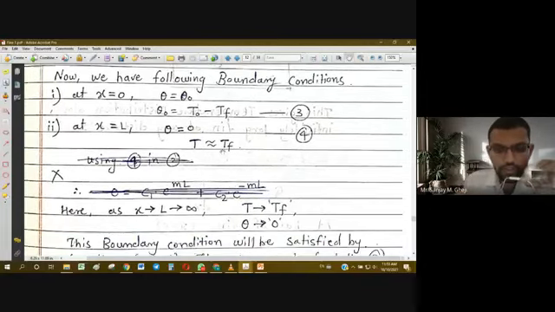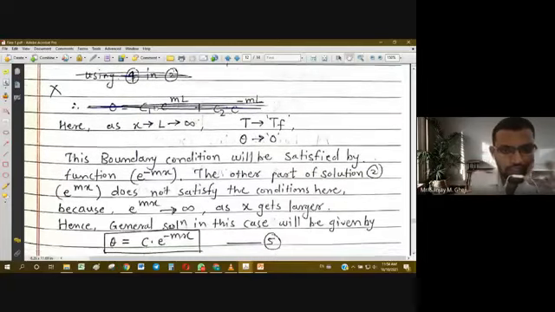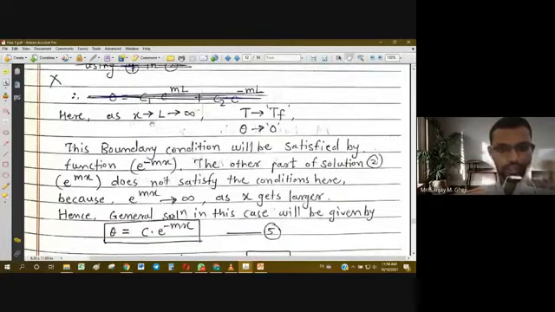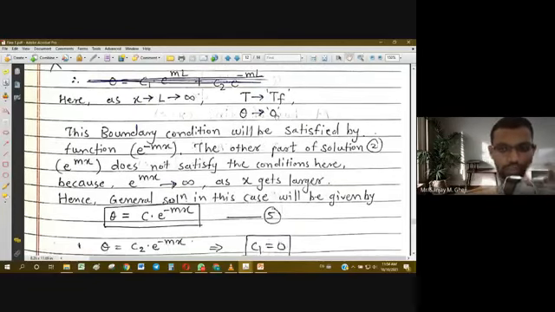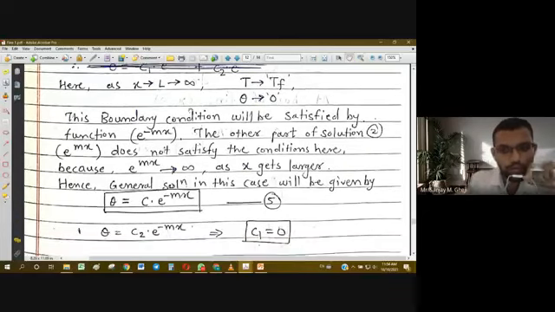This can be given in limit form as x tending to L, which is tending to infinity. The temperature T of the tip of the fin is closing in on the temperature of the fluid Tf. So the temperature difference is approaching very closely to 0, but not equal to 0.